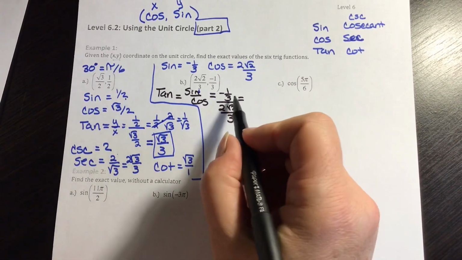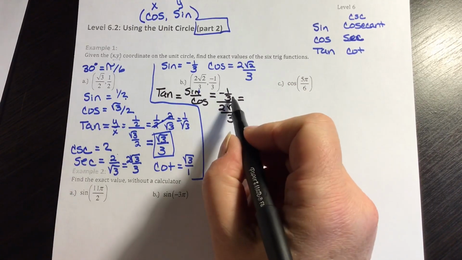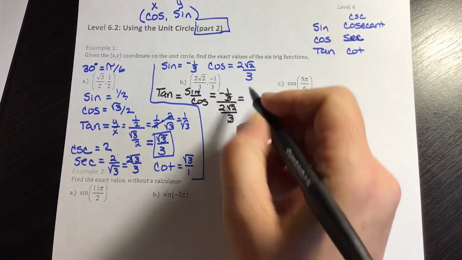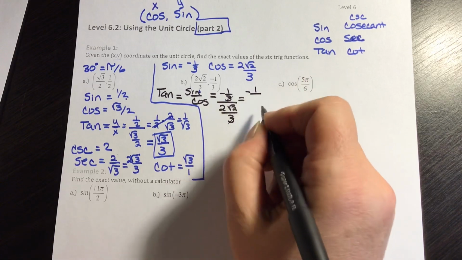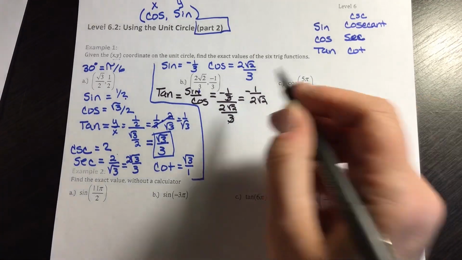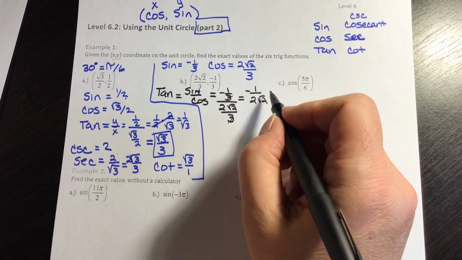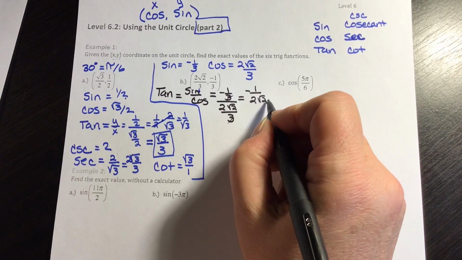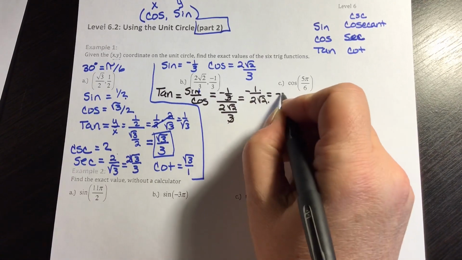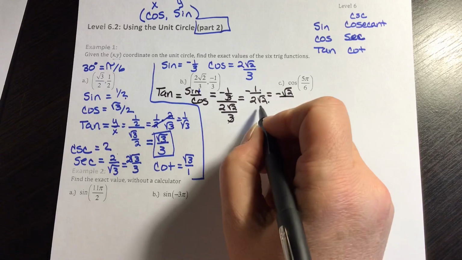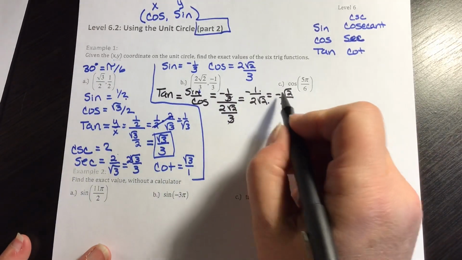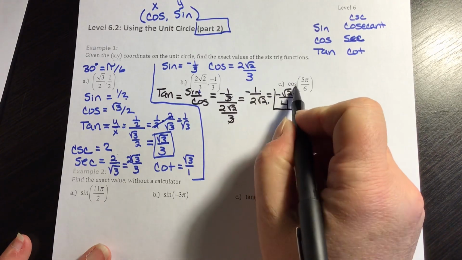If I multiply the top and the bottom by 3, the 3's cancel, so I have negative 1 over 2 square root of 2. Now I need to rationalize that denominator. If I multiply by the square root of 2 over the square root of 2, I'm going to have negative square root of 2 over 4. Okay, so this is my tangent.